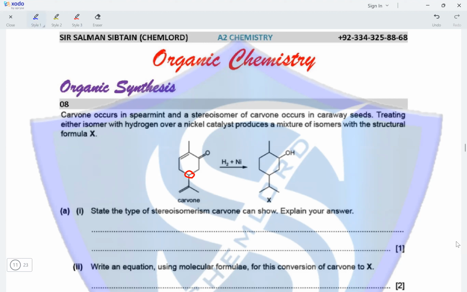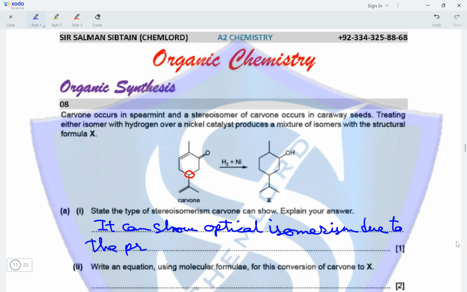So we can write: it can show optical isomerism due to the presence of a chiral carbon atom.